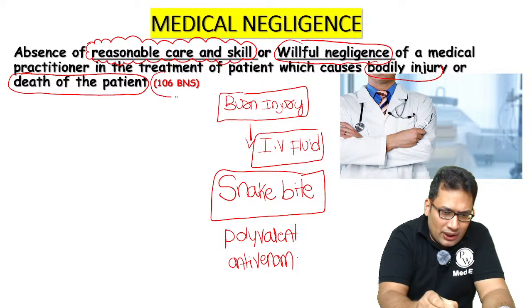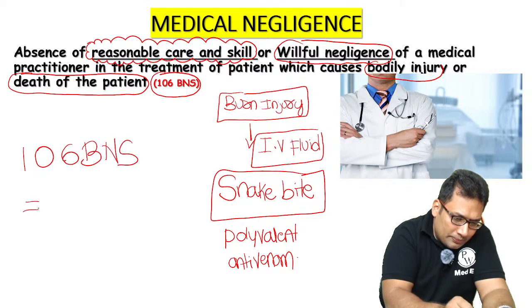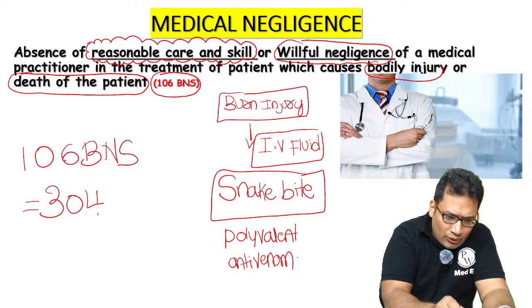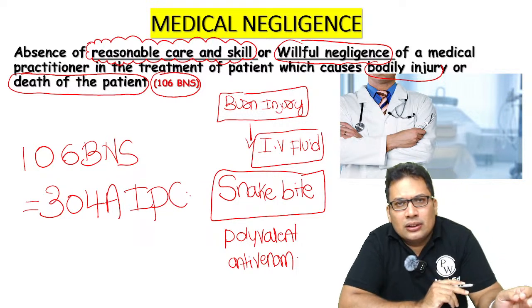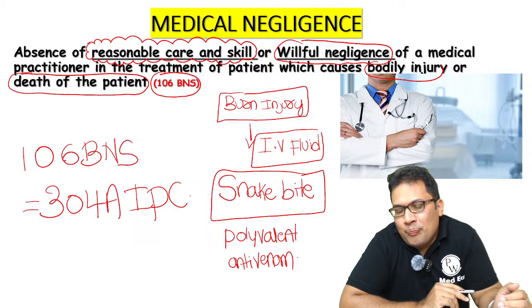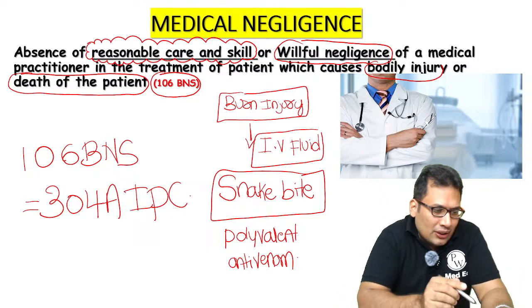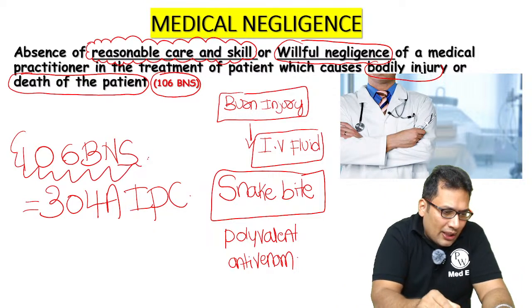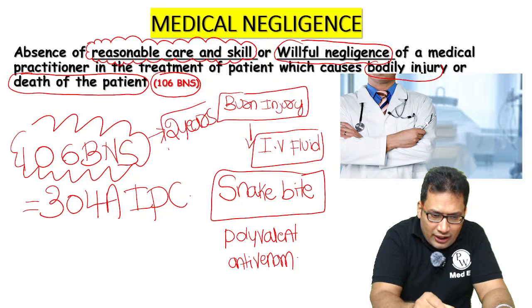Remember this, 106 BNS is equal to 304A IPC. Previously it was the Indian Penal Code 304A; now it is 106 BNS, Bharatiya Nyaya Samhita. This can be asked in your exam as an MCQ, an update. The punishment can be 2 years of imprisonment.